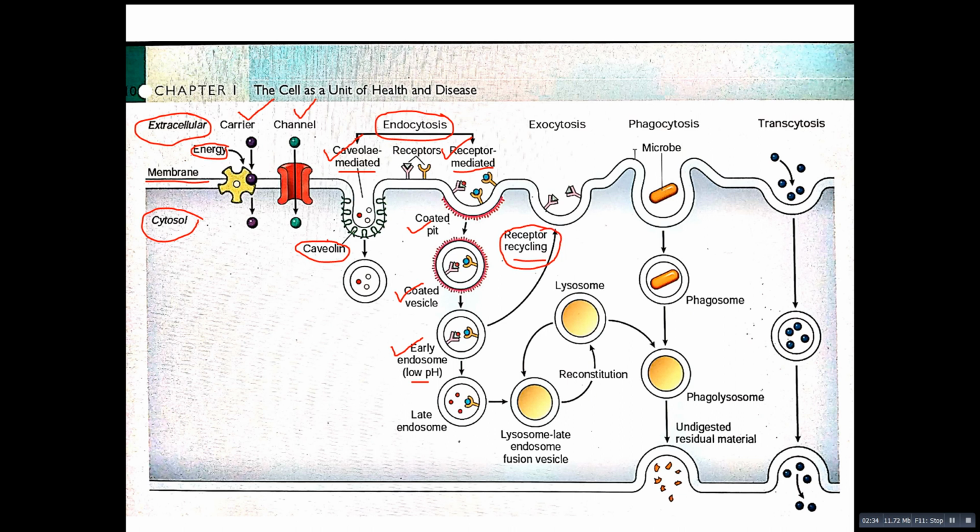Now the early endosome forms the late endosome, and it is this late endosome which combines with the lysosome to form a lysosome late endosome fusion vesicle. This fusion vesicle is again reused. So there is a reconstitution which is taking place. So this is all about endocytosis.